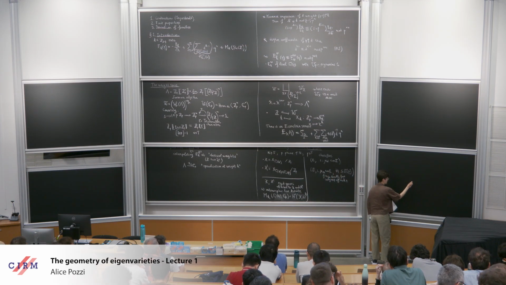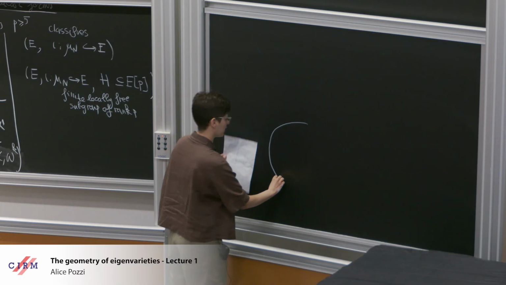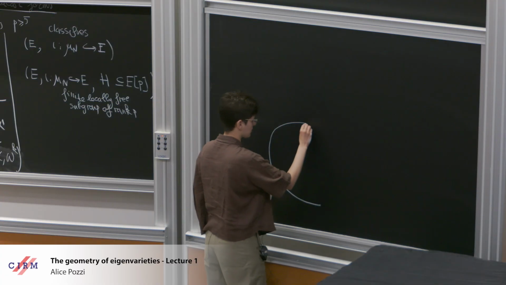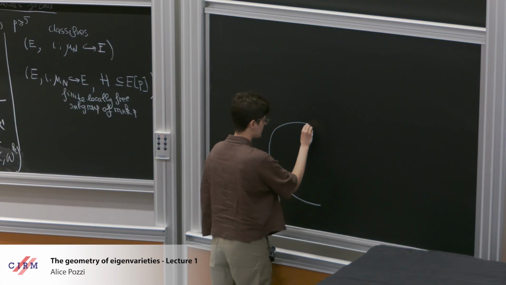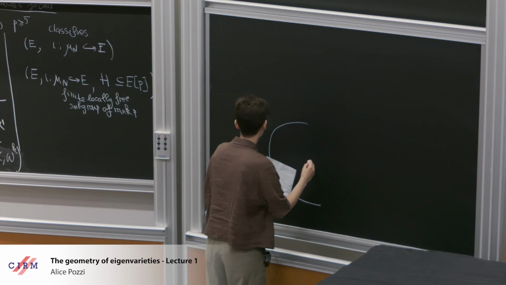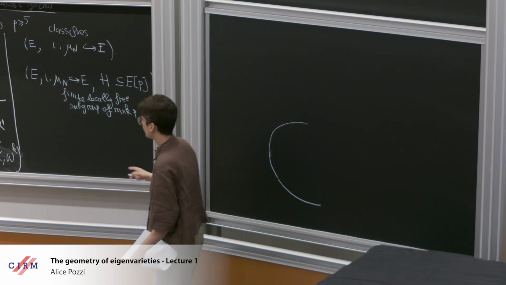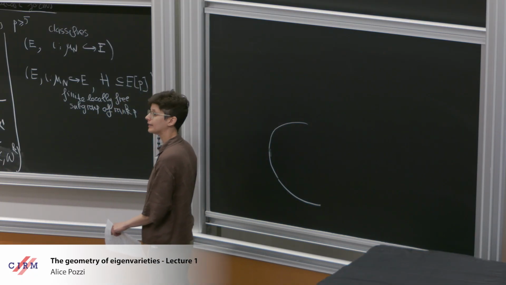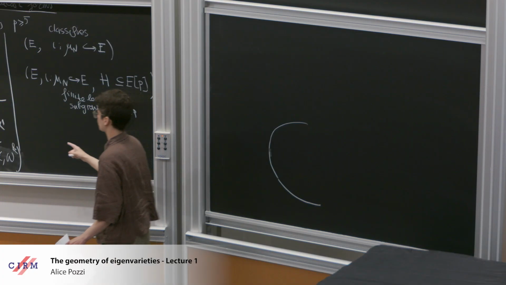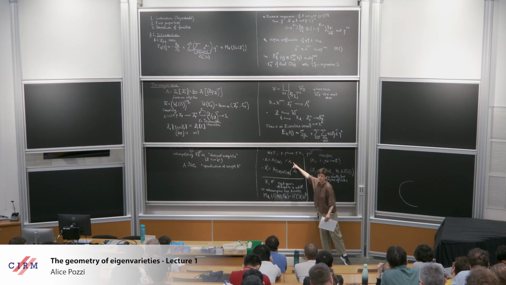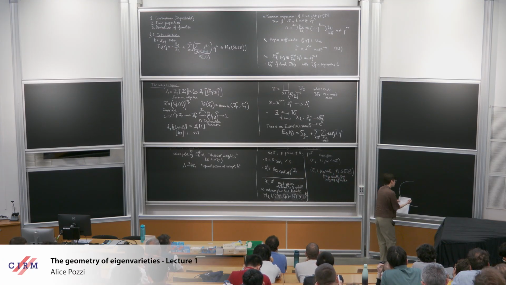There is a very specific way of drawing this picture that I think is going to be useful to us. So we are going to look side by side at, on the one hand, the rigid space, and on the other hand, the special fiber of this over FP.